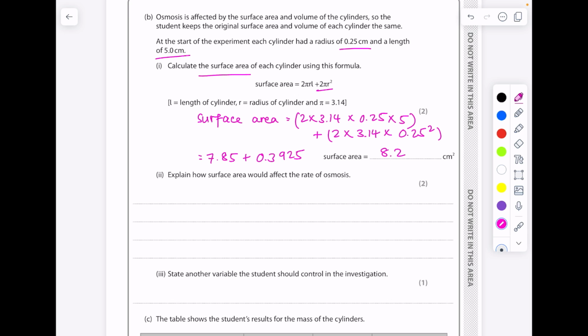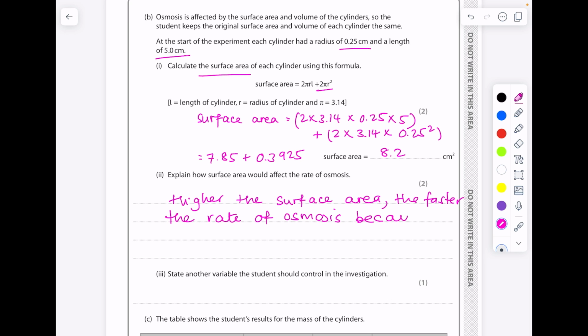Explain how surface area would affect the rate of osmosis. So the higher the surface area, the faster the rate of osmosis. Why is that?